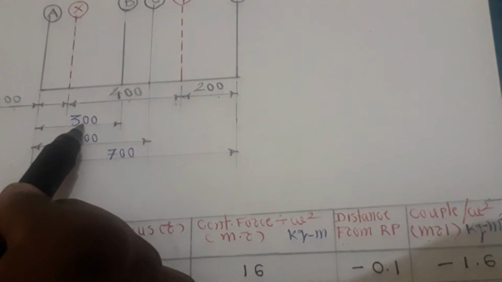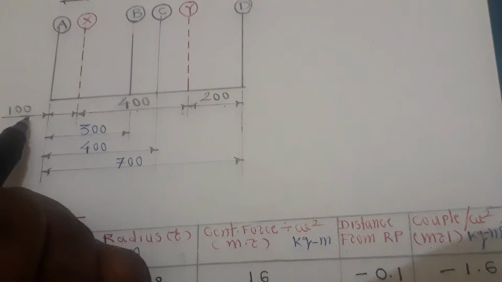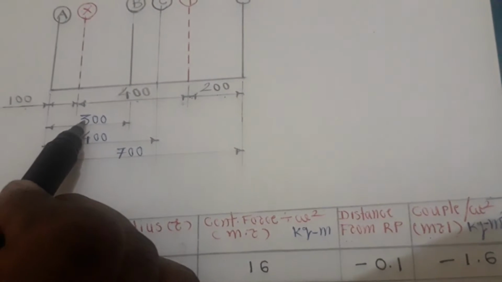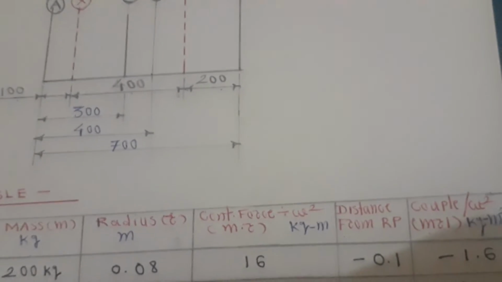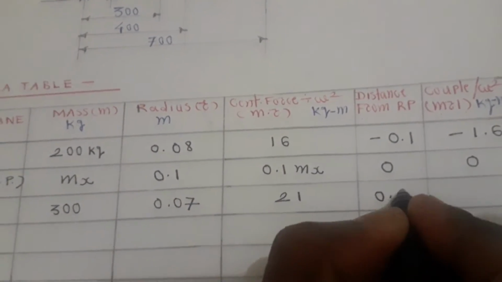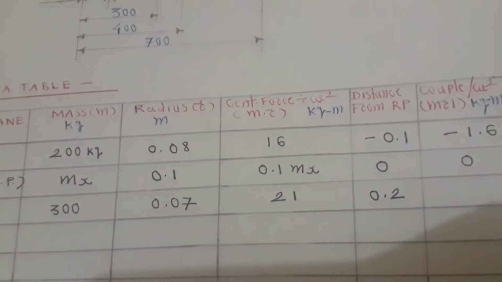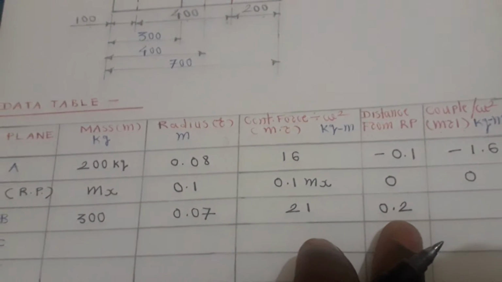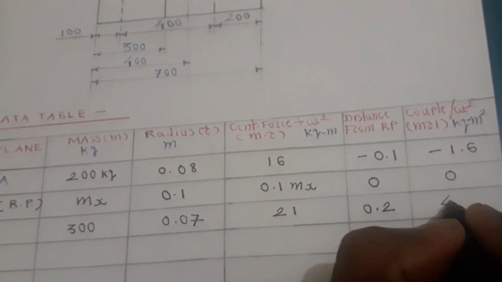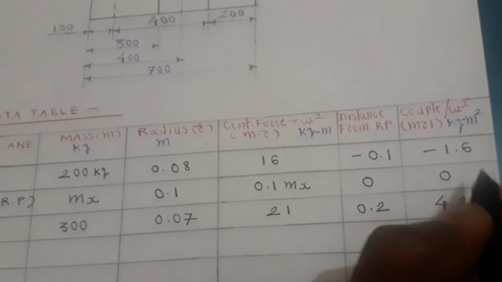So therefore 300 minus 100, it will be 200. It is on the right hand side. So therefore the distance is 200, it means 0.2 meters. Then the product of these two, m into r into l, will be 4.2.